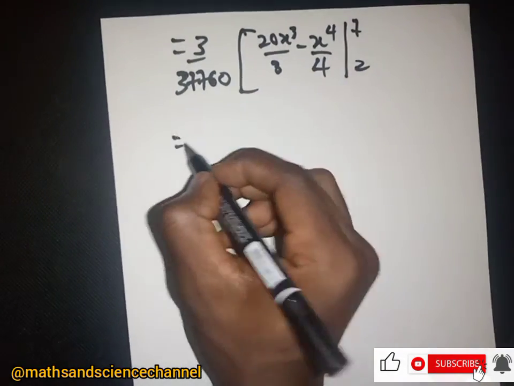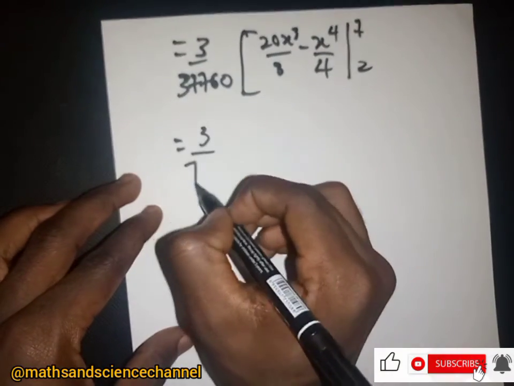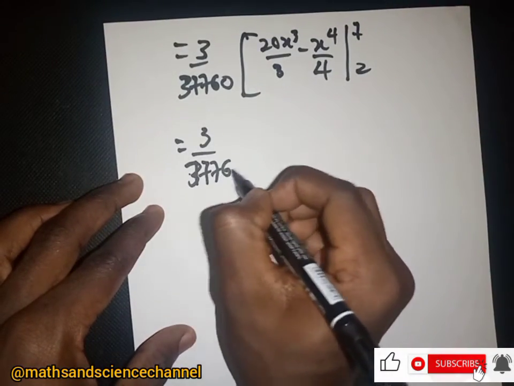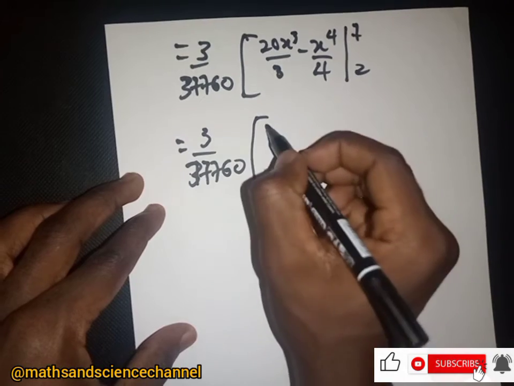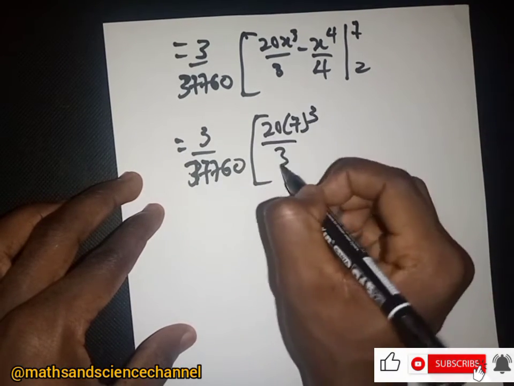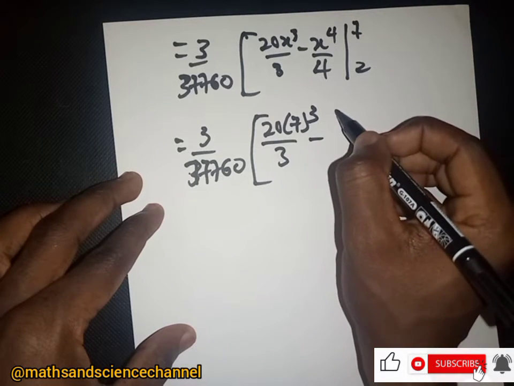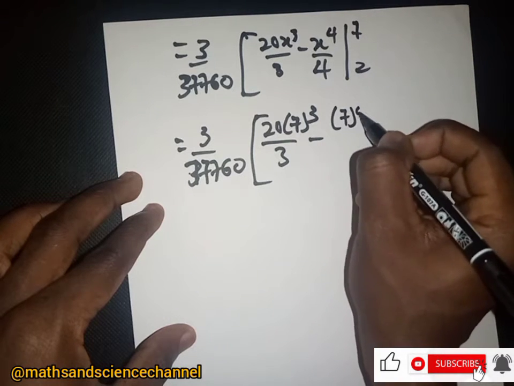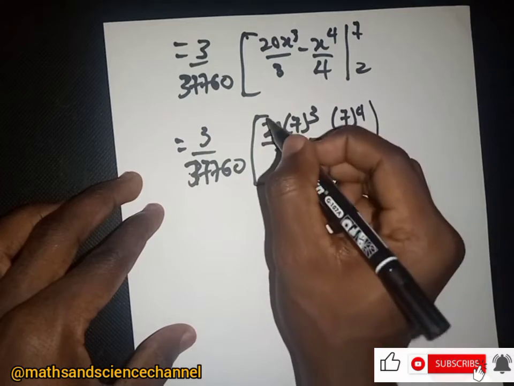So from here we just have 3 over 37,760. Then we substitute in the values, so 7 cubed over 3 minus 7 to the power 4 over 4.